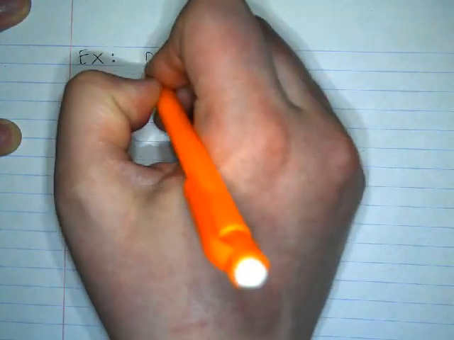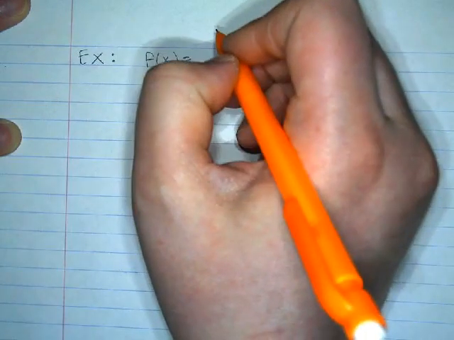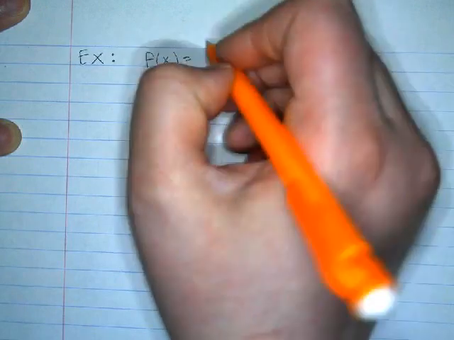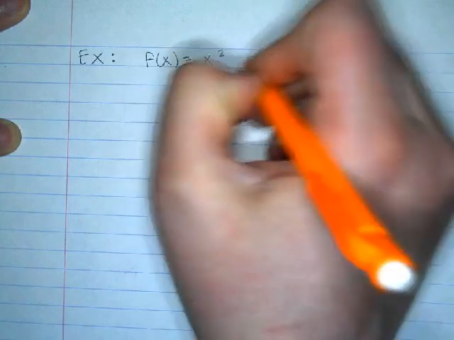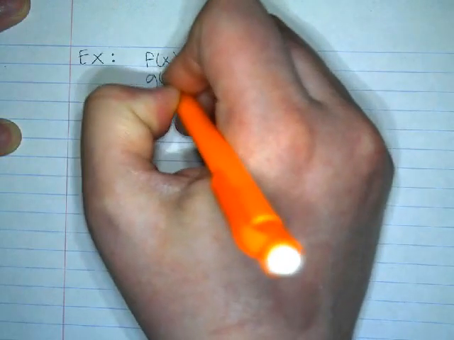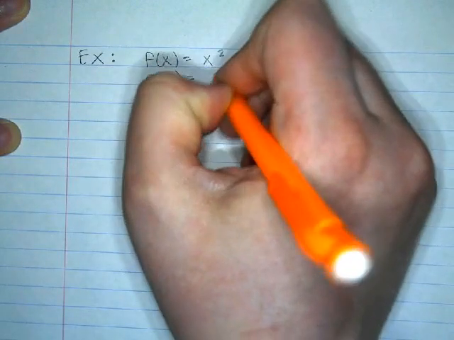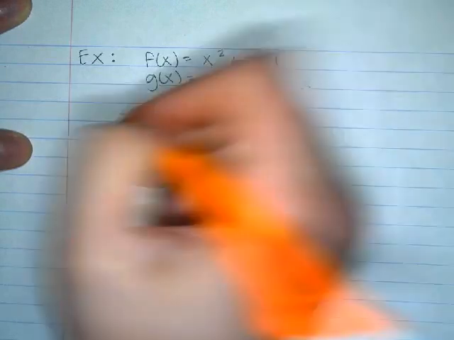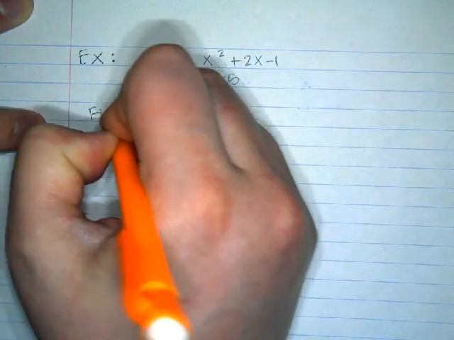Okay, so this problem, we have f of x is, we're going back to x squared plus 2x minus 1. And g of x is going to be x minus 5 again. And we're going to find f of x minus g of x.